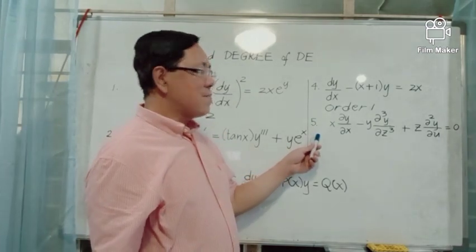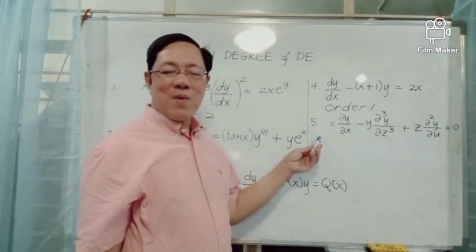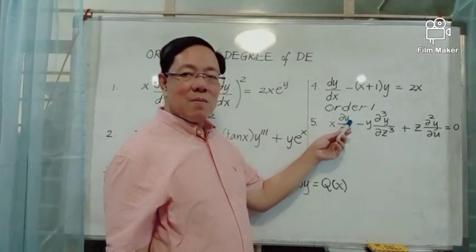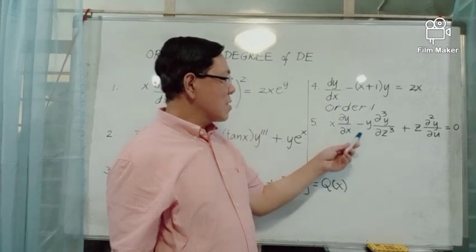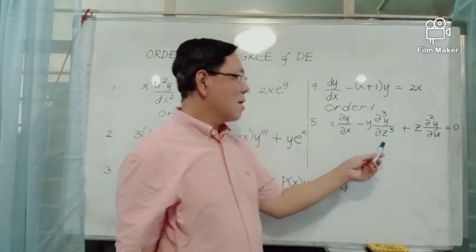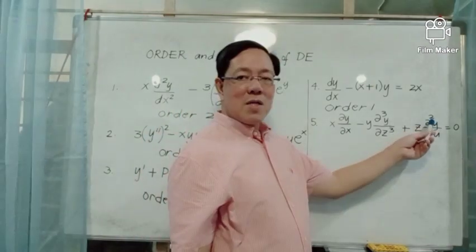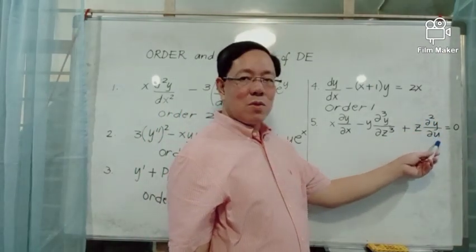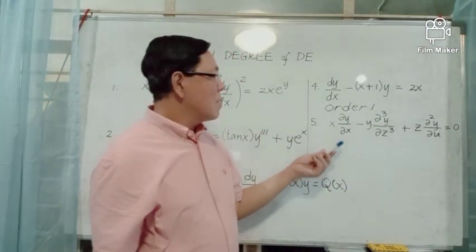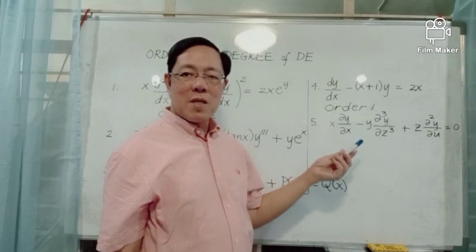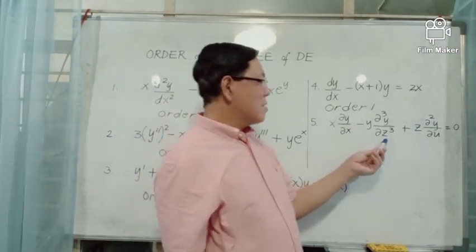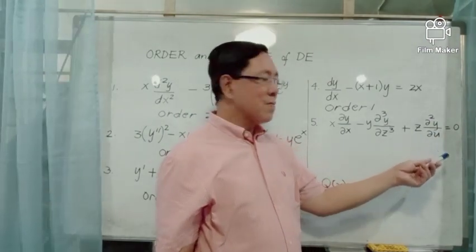In number 5, we have an example of a partial differential equation. We have the partial derivative of y with respect to x, the third partial derivative of y with respect to z, and the second partial derivative of y with respect to u. By inspection of this given differential equation, y is a function of 3 independent variables, and those are x, z, and u.